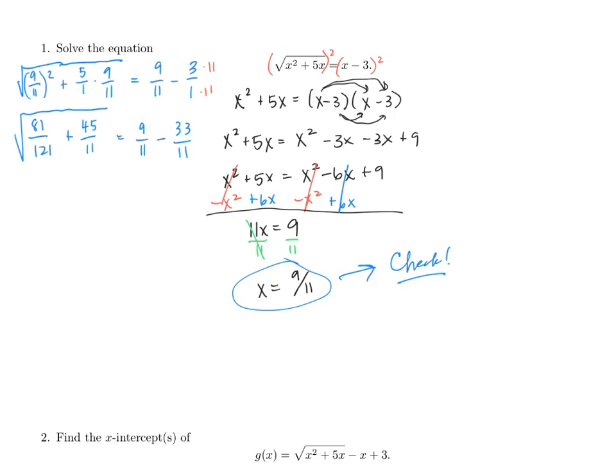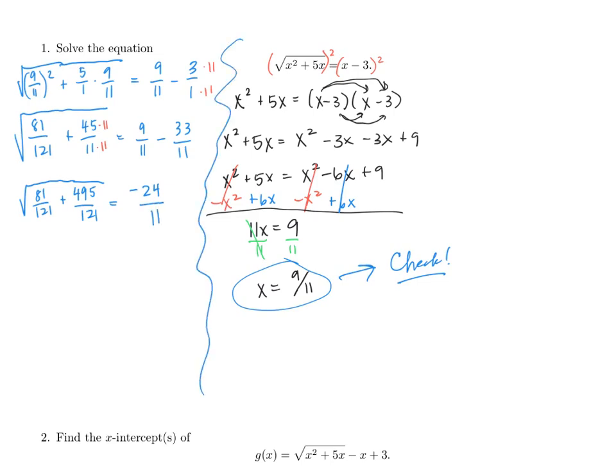Okay, I'm going to need a common denominator over here as well, so I'd multiply by 11. So I'd have 81 over 121 plus, let's see what 45 times 11 is. 45 times 11, 495 over 121 is equal to 9 minus 33 is negative 24, so negative 24 over 11.